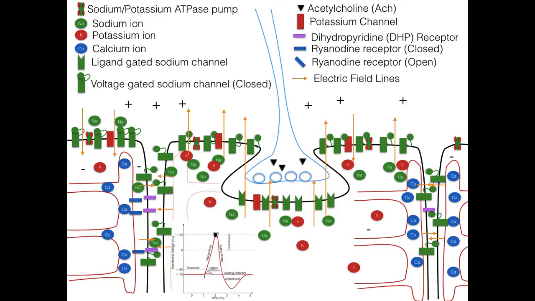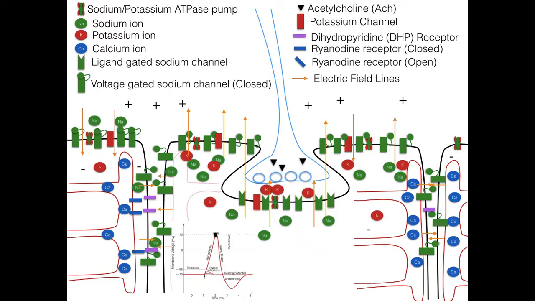We also have an acetylcholine reuptake mechanism that's going to just grab the acetylcholine and pull it back into the neuron. Well, now we're not stimulating these ligand-gated sodium channels anymore, so they close, and they now no longer allow more sodium to flow in.